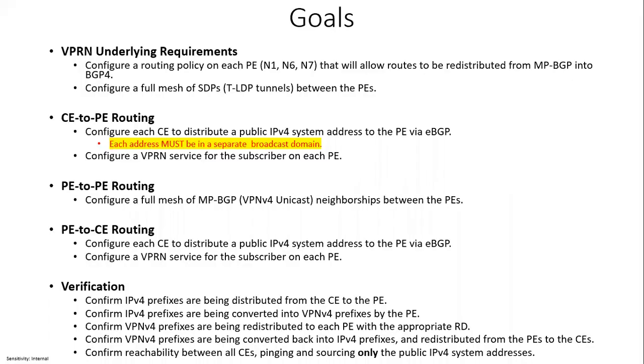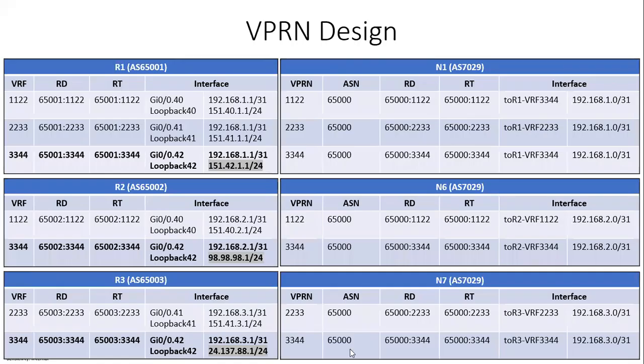And looking at our design, you see gig 0/0.42 is going to be 192.168.1.1/31. And loopback 42 is going to be the gateway, or the .1 address, for this /24 network, 151.42.1.1/24.